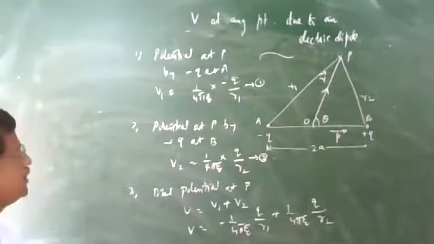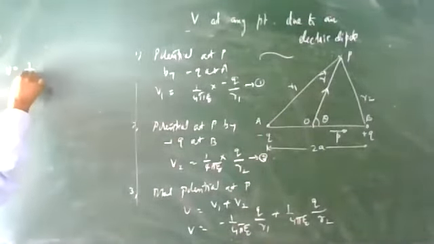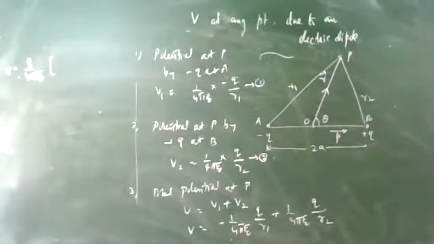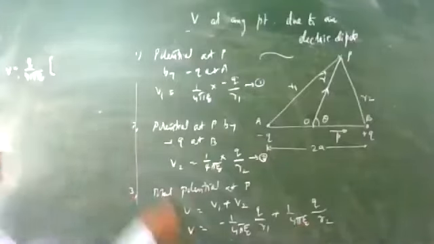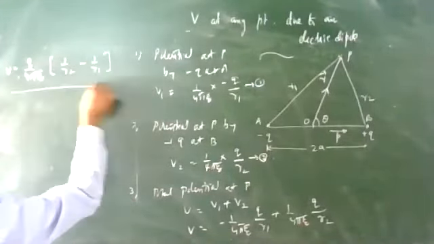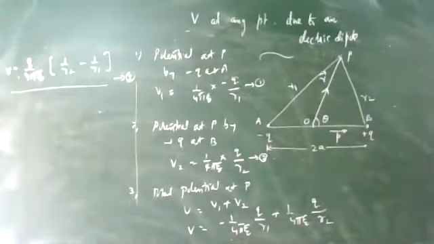Common can be taken outside. So here I am writing V equal to q by 4 epsilon 0 outside, 1 by r2 minus 1 by r1. Total potential at the point P is q by 4 epsilon 0 into 1 by r2 minus 1 upon r1.